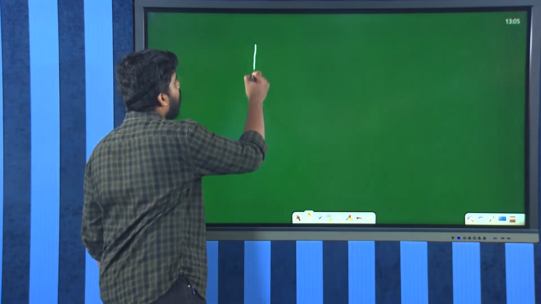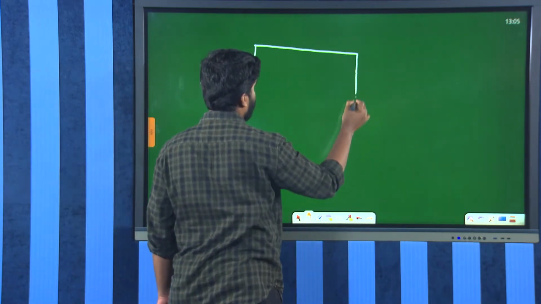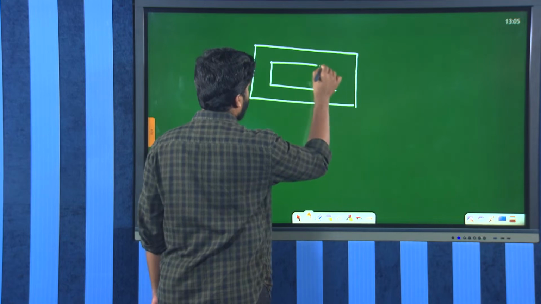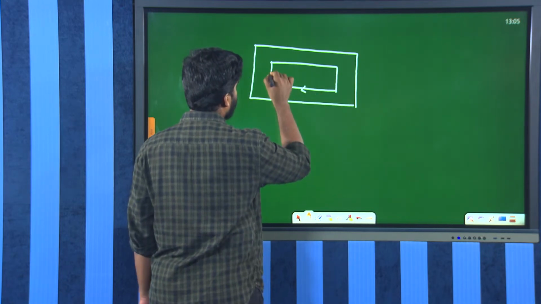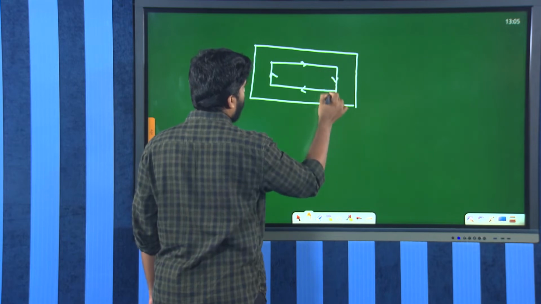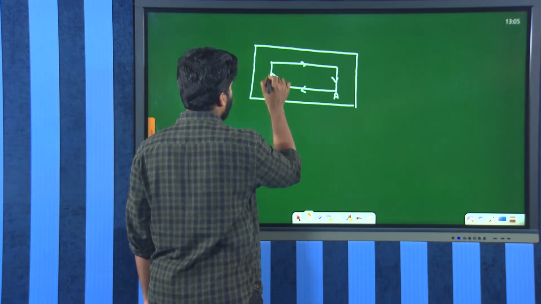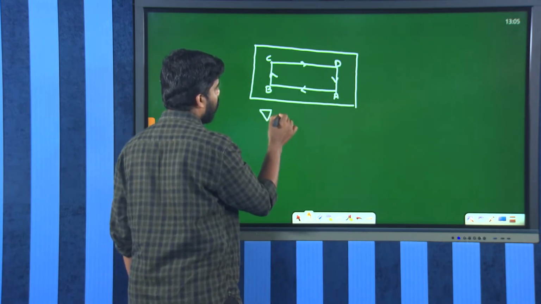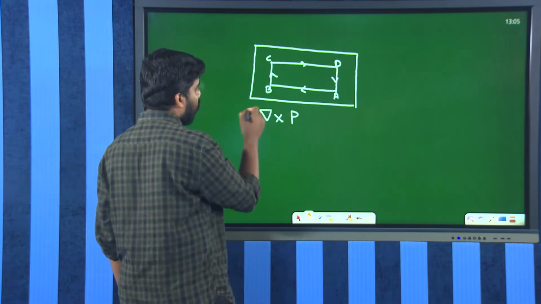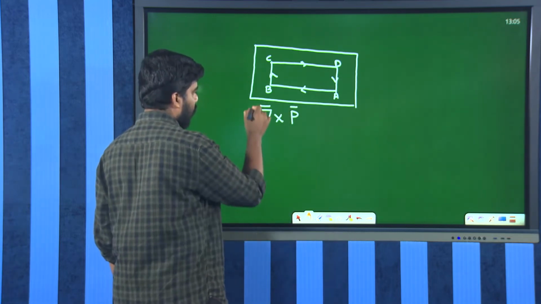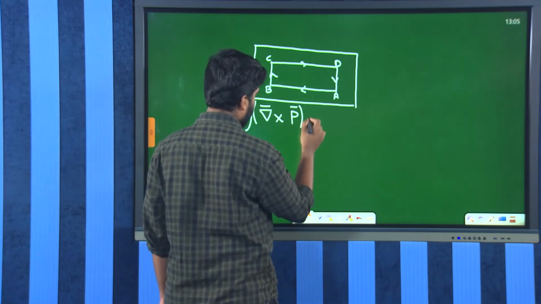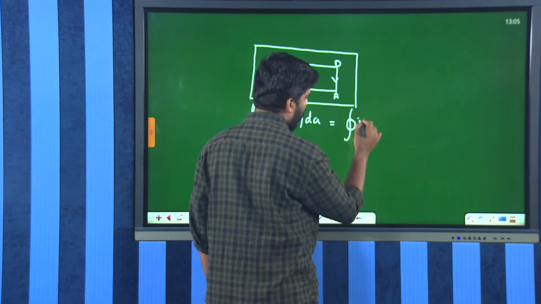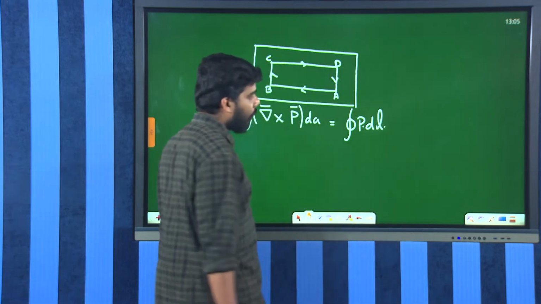Consider a uniformly polarized dielectric object as shown in the figure. I should consider a closed path inside this dielectric medium, which I will name A, B, C, D. I have to find out what del cross P is. I can find this using the Stokes relation: integral of del cross P dA over the surface area is equal to the closed integral of P dot dl, and this is our Stokes theorem.